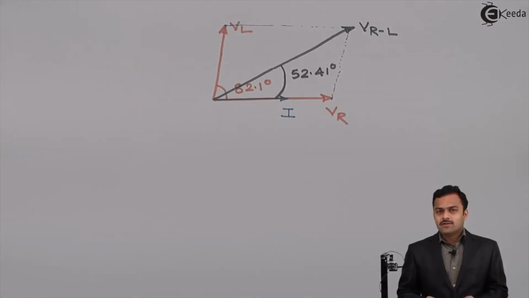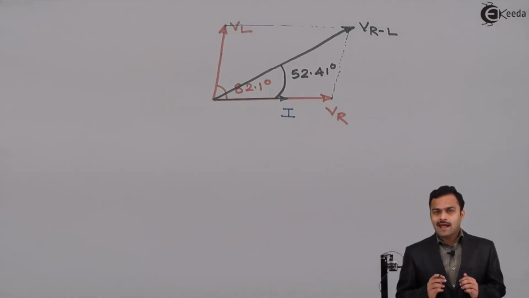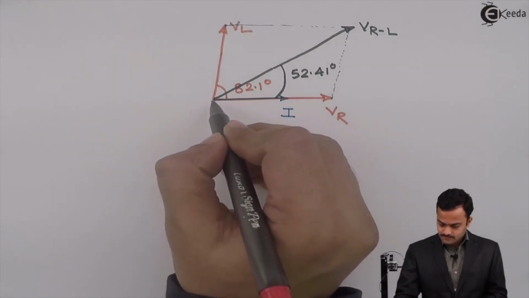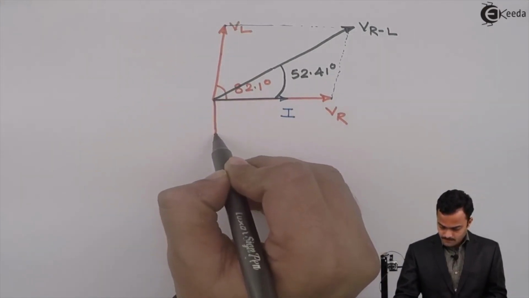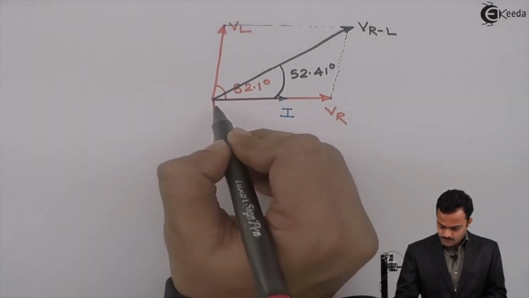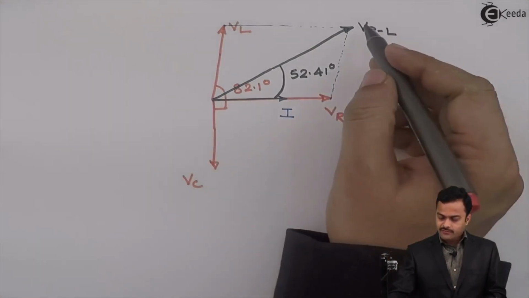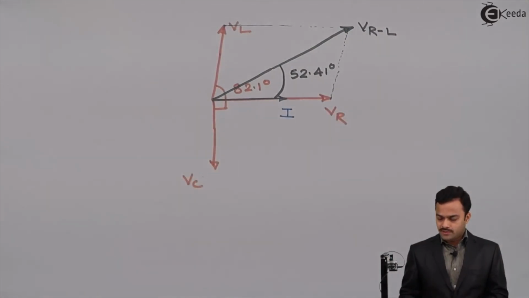And last we are having VC, voltage across pure capacitance. So voltage across pure capacitance obviously lags current by 90 degree. So it will be like this. This is perpendicular, 90 degree, and finally addition of VC and VRL will be the applied voltage.